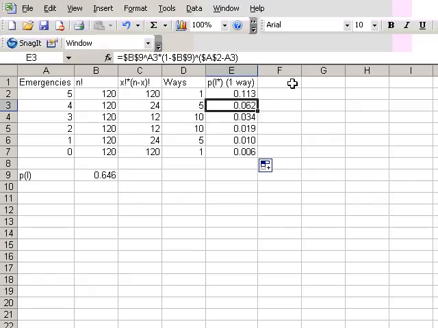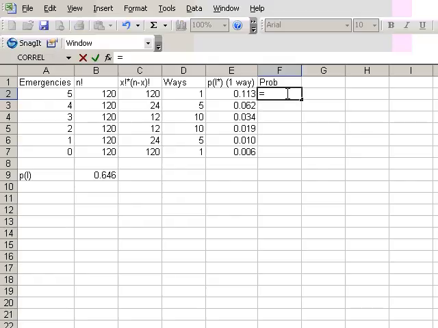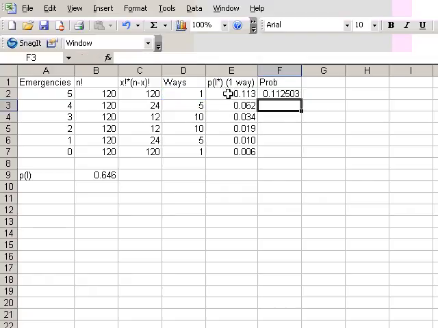Now to find the total probability of seeing 5 emergencies, 4 emergencies, and so on, we must multiply the number of ways we can see the emergency times the probabilities. So this will be equal to this value in D2 times the value in E2.